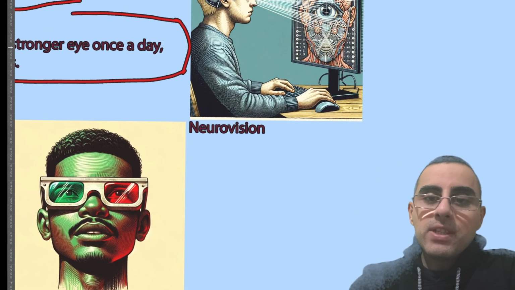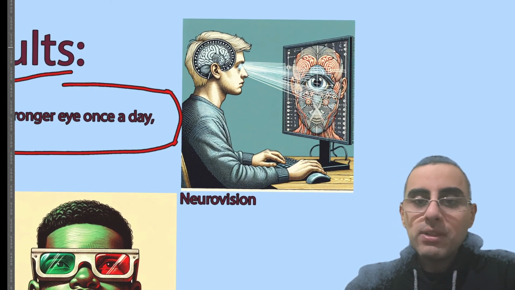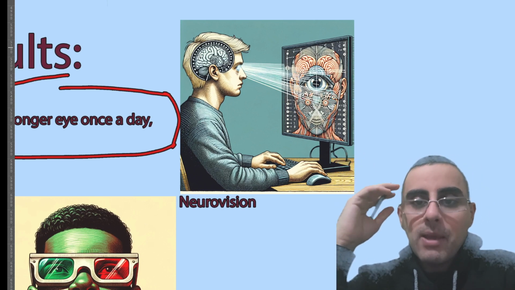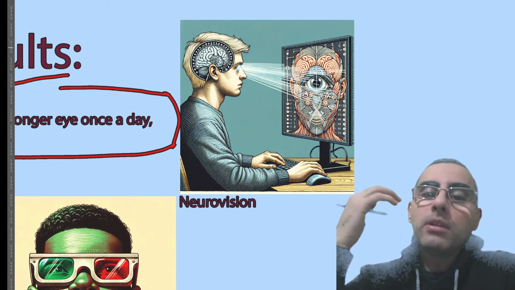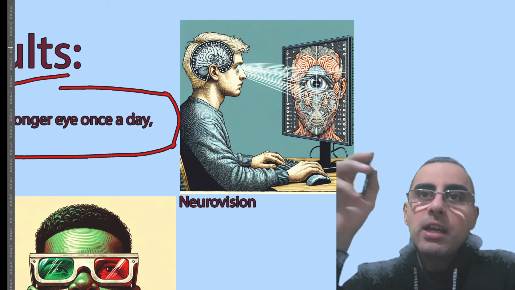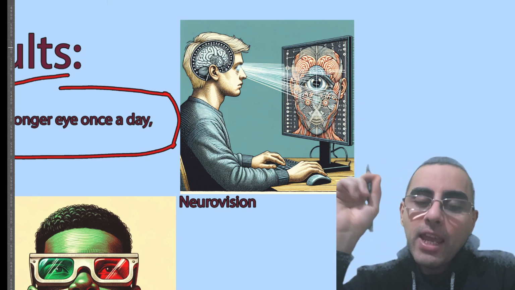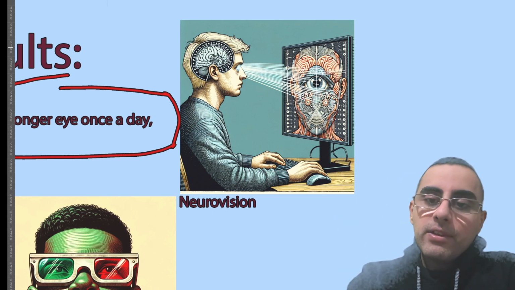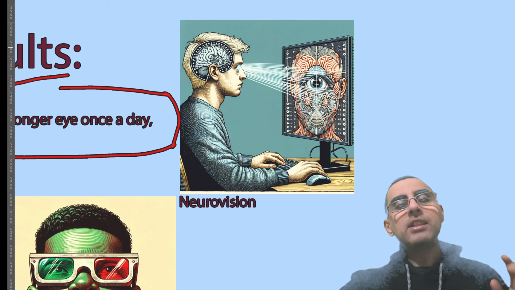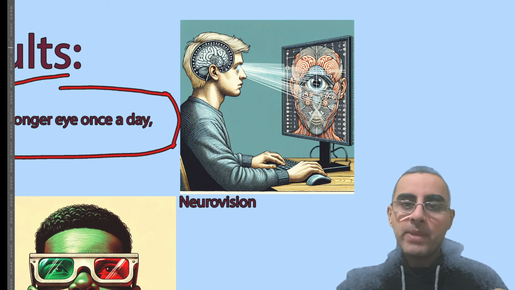And neurovision is also an important and promising treatment method. The idea behind neurovision is that you exercise your lazy eye, looking at images and patterns and details, and these details and patterns are slightly above the threshold of your vision.